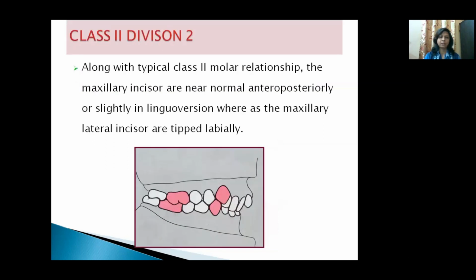Whereas in Class 2 Division 2, with a typical Class 2 molar relation, the maxillary incisors are near normal anteroposteriorly or slightly in linguoversion, whereas the maxillary lateral incisors are tipped labially. Another possibility is that all four incisors are in linguoversion and the canines are tipped labially.